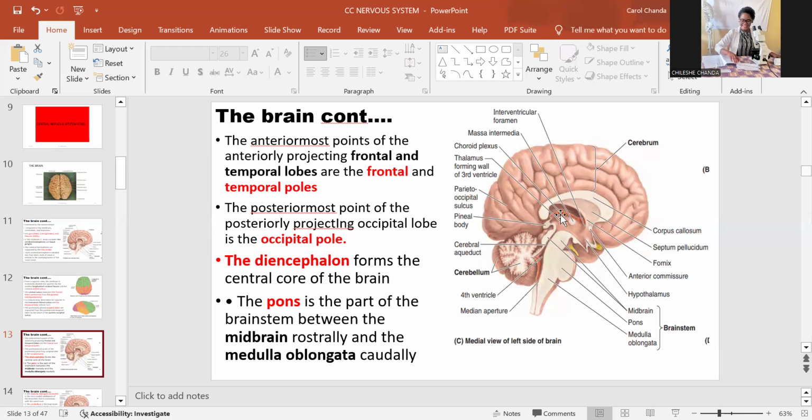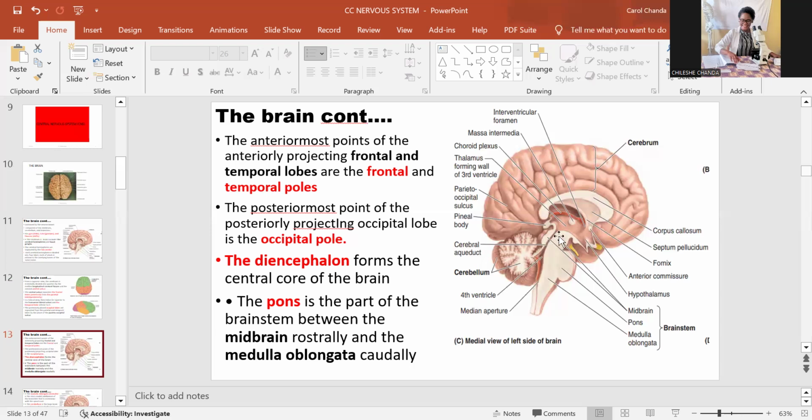The pons is the part of the brainstem between the midbrain rostrally and the medulla oblongata caudally. So we are saying that this is what we are going to call now the brainstem. Okay, so we have the cerebrum, we have the diencephalon here. The diencephalon has several other things, the thalamus, the epithalamus, the hypothalamus, okay?